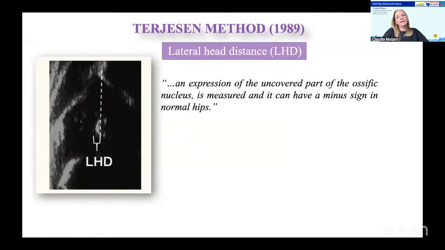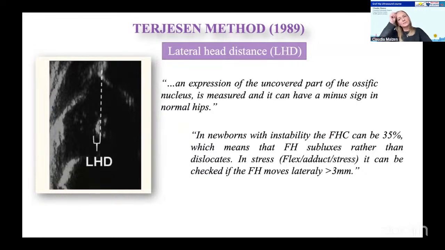Now, if we have the ossific nucleus present, the Terjesen method also uses the lateral head distance, which is an expression of the uncovered part of the ossific nucleus. That can have a minus sign in normal hips. So it is essentially similar to the center edge angle in a way.